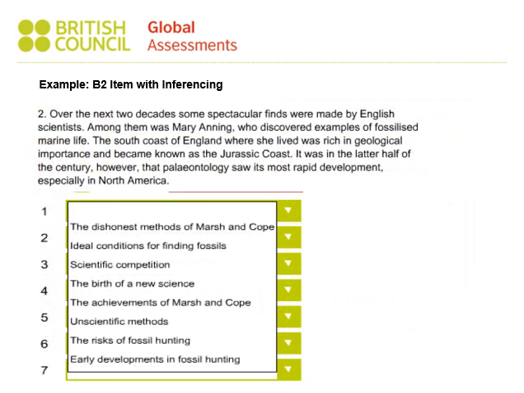Okay, this now is an example of a B2 item with inferencing. Again, I suggest that you pause the video and read it, and then we'll talk about how inferencing is working here. In this item, this is just one paragraph from the text, so it's a much longer text.